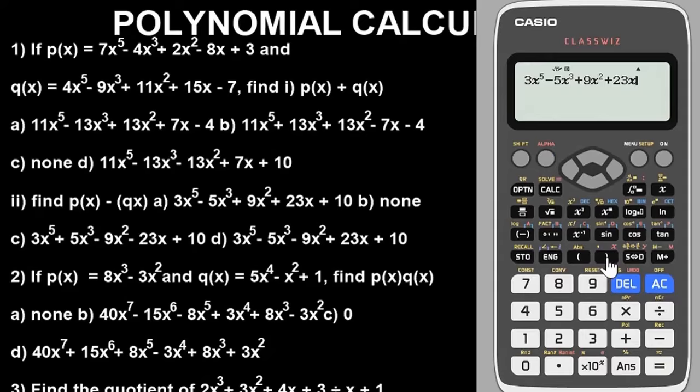Hope you are getting it. Let's check. Yeah, it's correct. Plus 10. Let's press go and see what option A will give us. 148. No, it's wrong. We got 64.